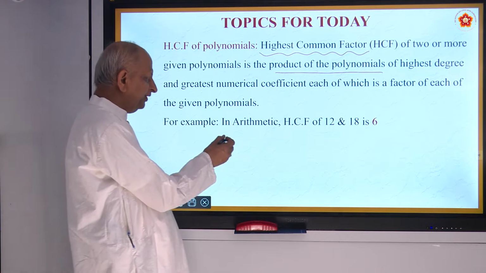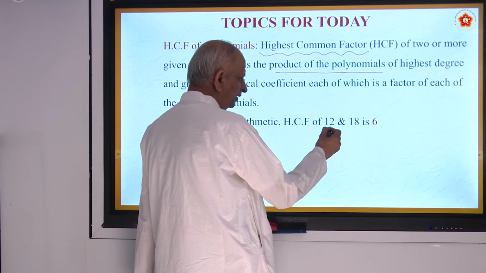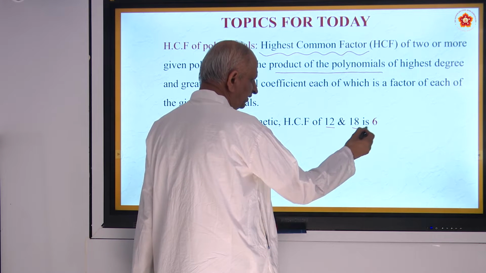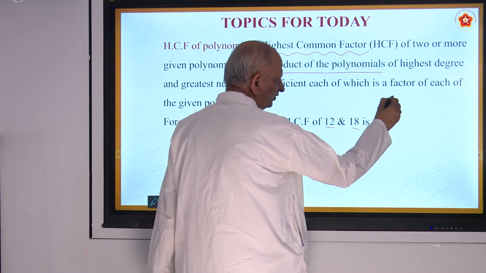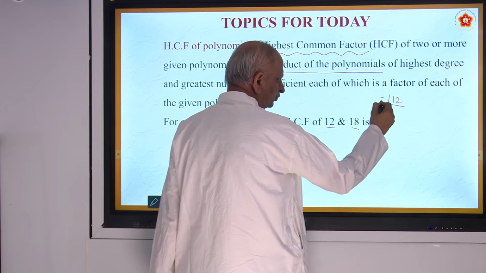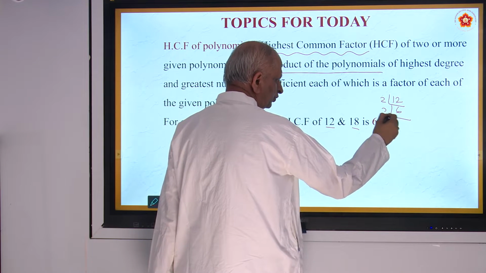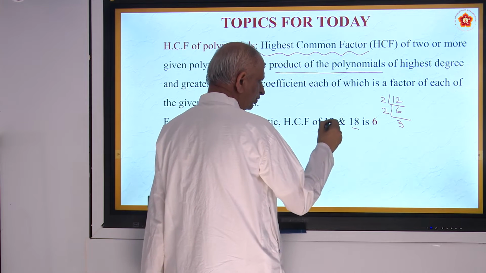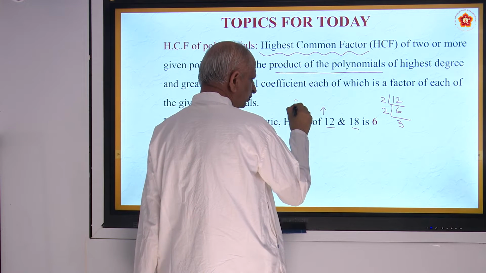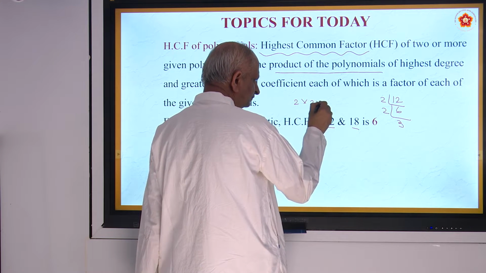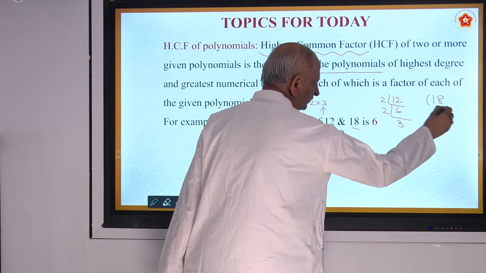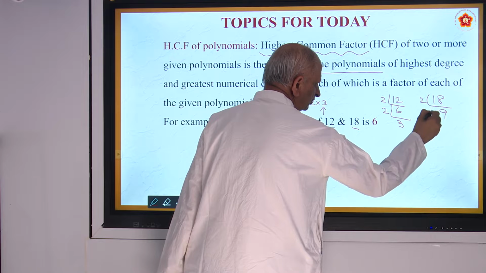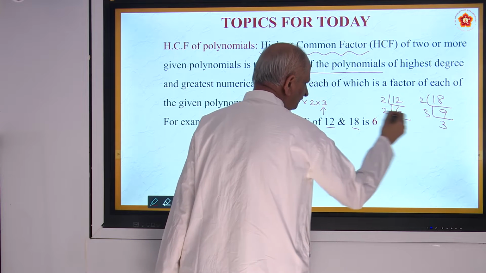In arithmetic, we have seen the HCF of 12 and 18 is 6. How do you get it? You just take prime factors. 2 sixes are 12, 2 threes are 6. So, 12 is nothing but 2 into 2 into 3, and factors of 18: 2 nines are 18, 3 threes are 9.